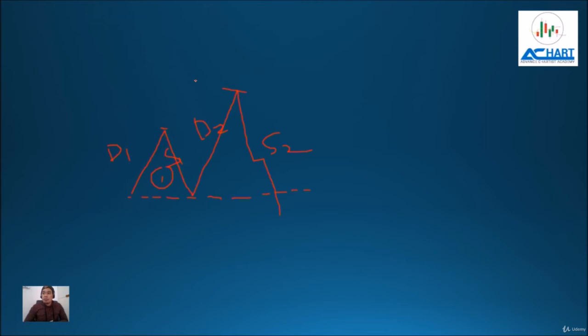The first loop is balanced between buyer and seller, but in the second loop the seller becomes more aggressive. We can conclude that this second loop does not have power to move up.